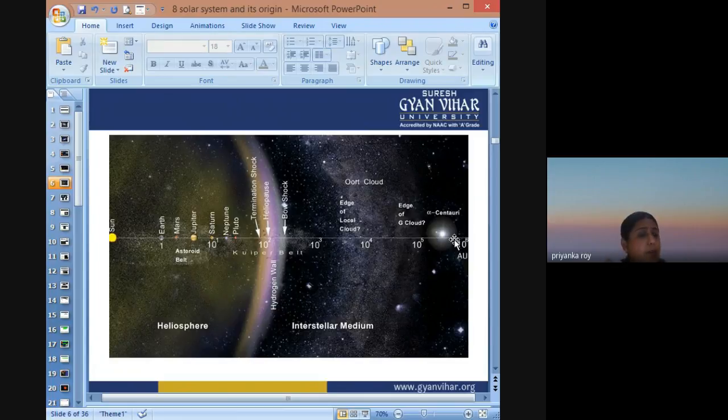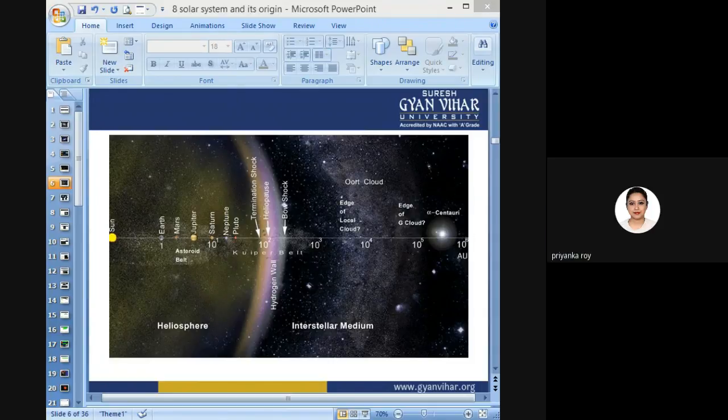This chain reaction, this fusion of atoms, gave out a lot of energy, and that's why the sun, or any star for that matter, glows very brightly.